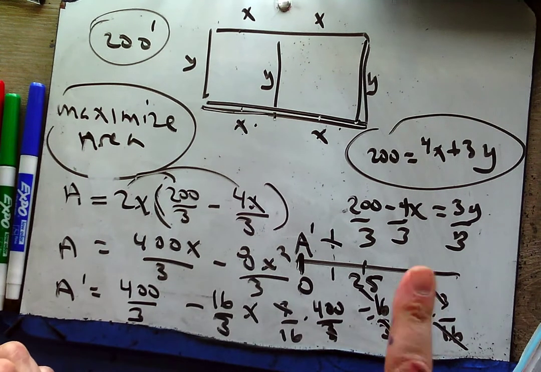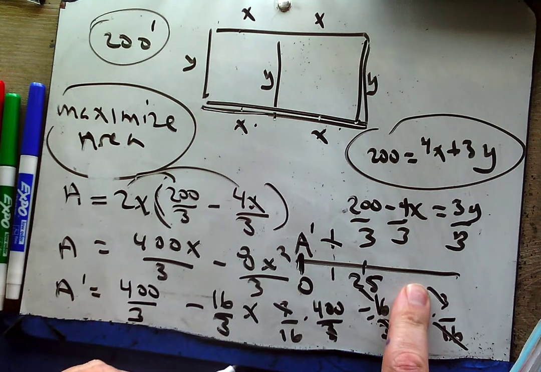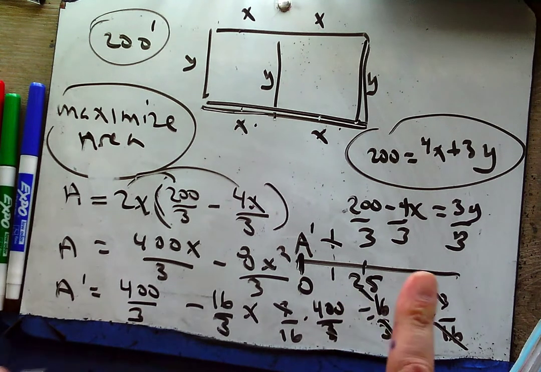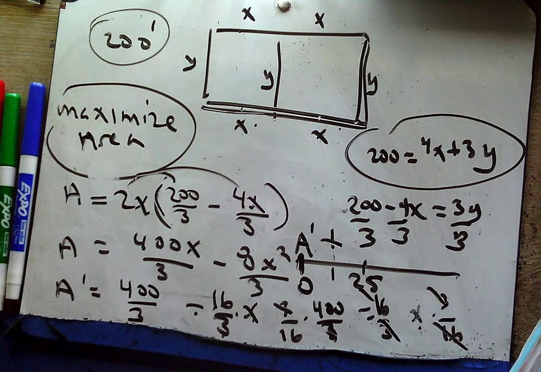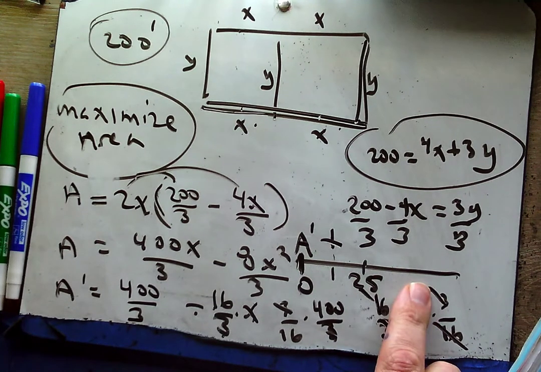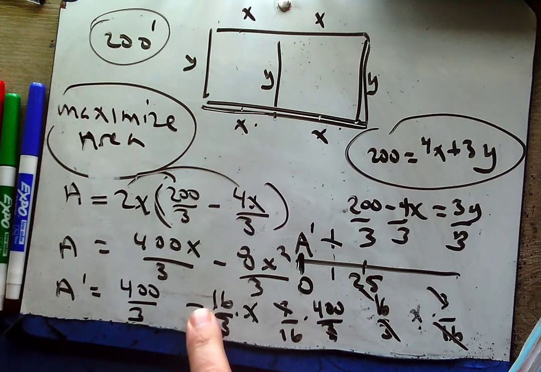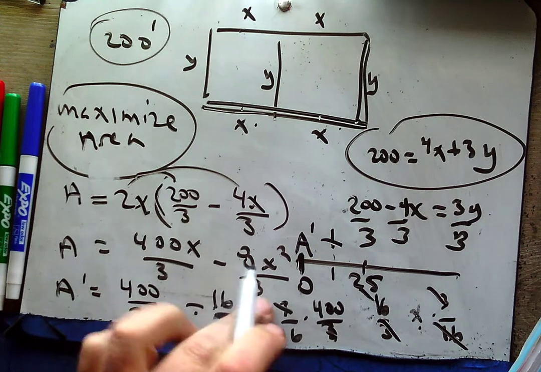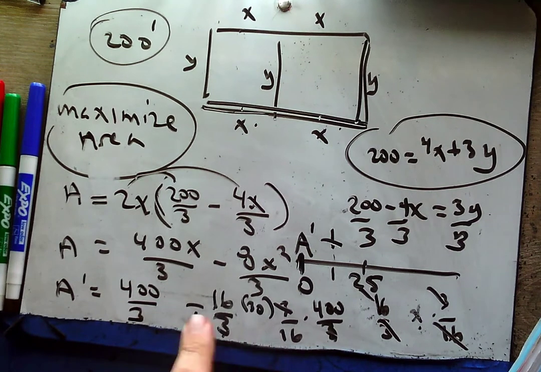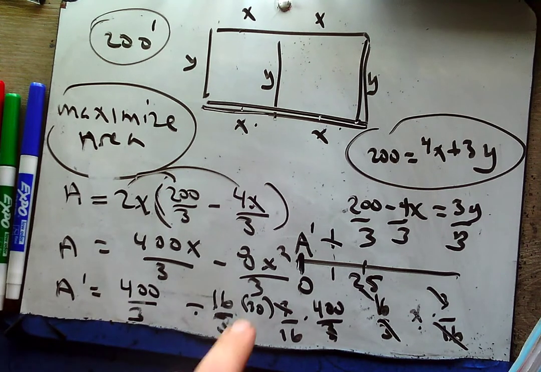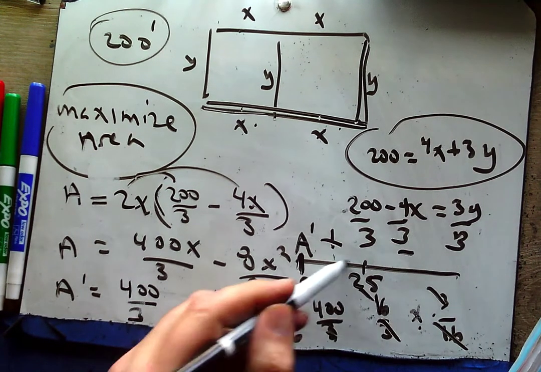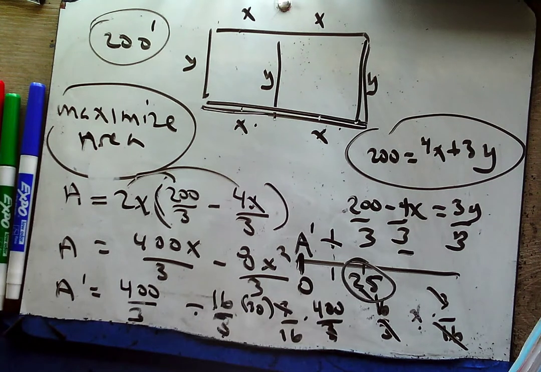But if I put in a number over here, something that's bigger than 25, I don't know, 30. 30 divided by 3 is 10. 10 times negative 16 is negative 160. Oh, no, 30. I was doing 30. 10, 160. Oh, but I cancel. Yeah. So if I plug in a 30 here, I have negative 480 plus 400. Well, 400 minus 480, I'm sorry, that's negative. So again, I have a maximum of coverage at 25.